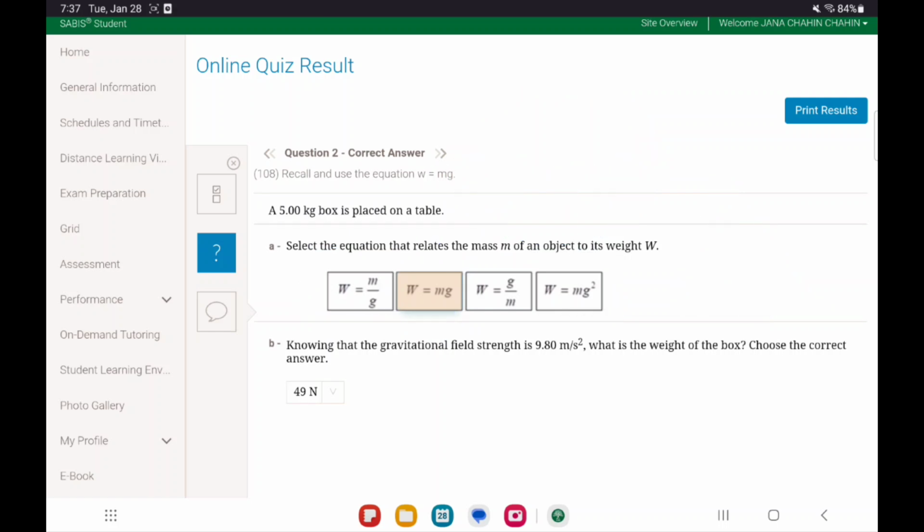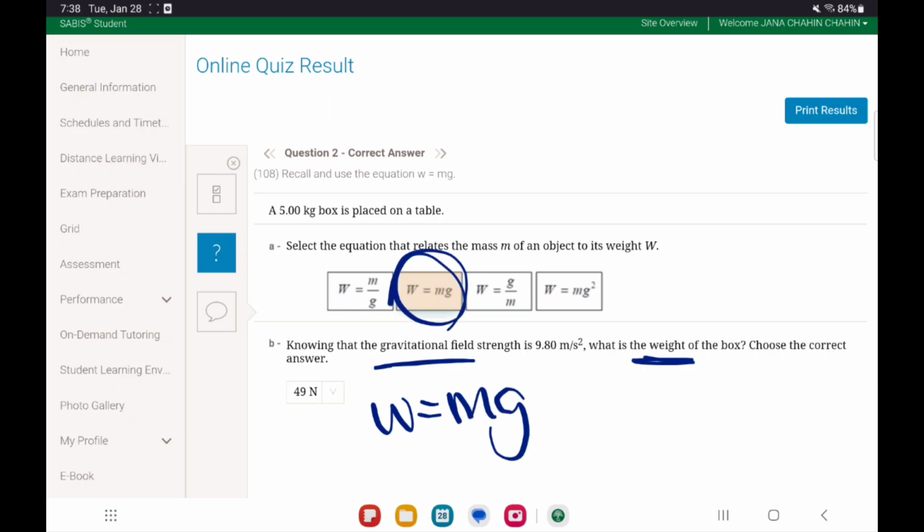The second part, they're giving you the gravitational field strength, which is 9.80. What is the weight of the box? Like I said, weight is mg, and if you forgot, the answer is here.